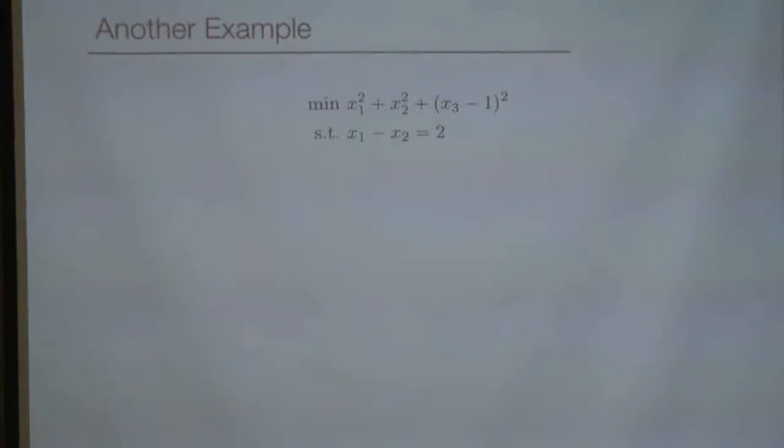Good. What about this case now? Let us add a new variable, x3, into the problem. Here I would like to illustrate something. First of all, give me a particular solution.